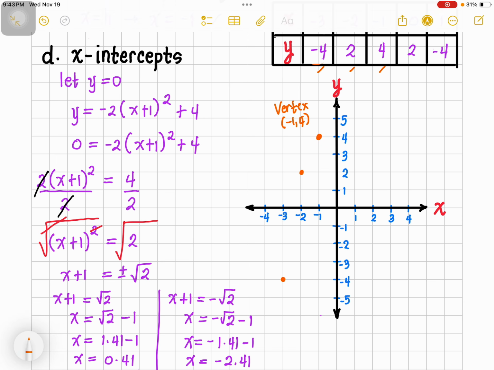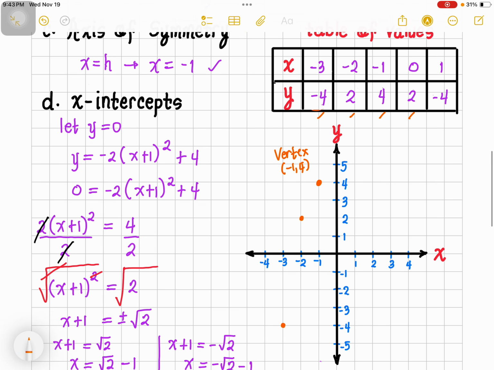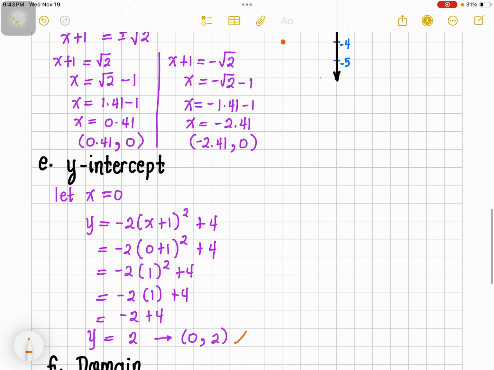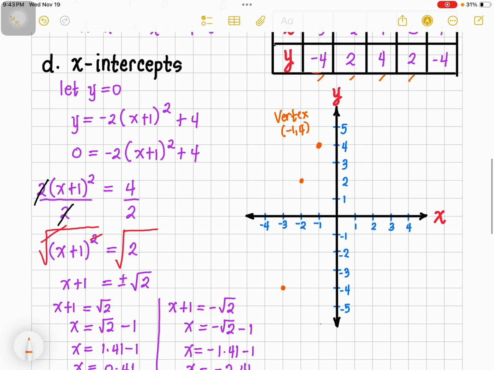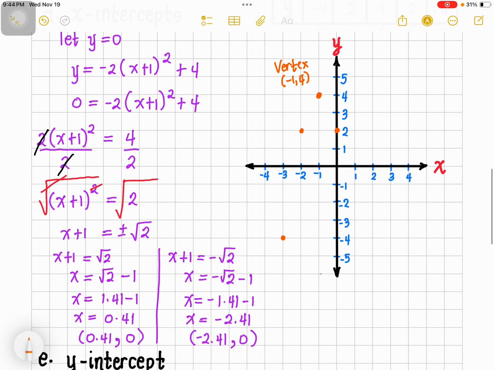So, class, nandito siya. And then, we have 0, 2. This is actually the y-intercept, no? Ayun, no? Okay? 0, 2. So, ito ay nasa along the line, no? Okay. Ayan. And then, we have 1, negative 4. Your x is 1. Your y is negative 4.